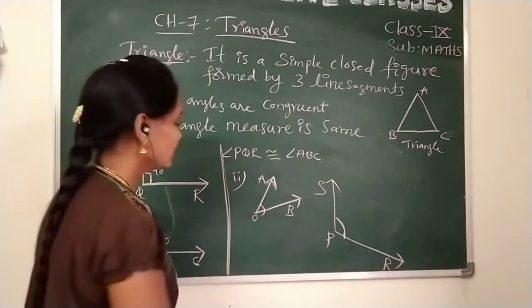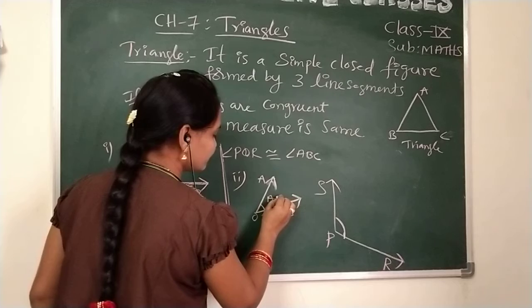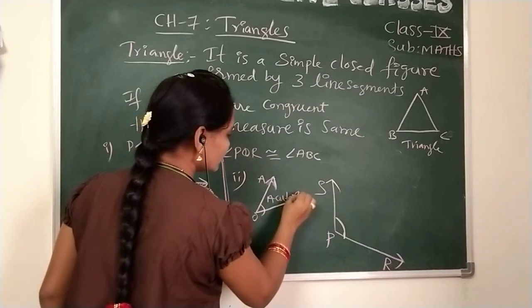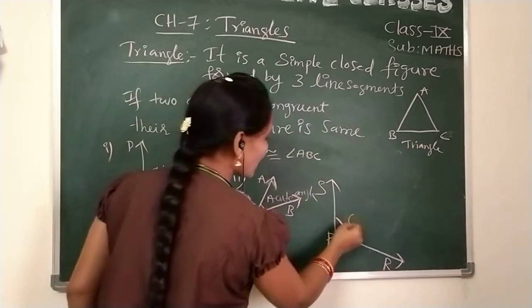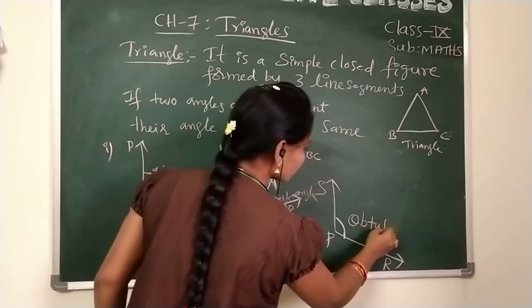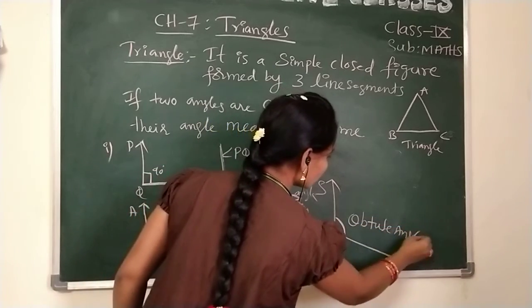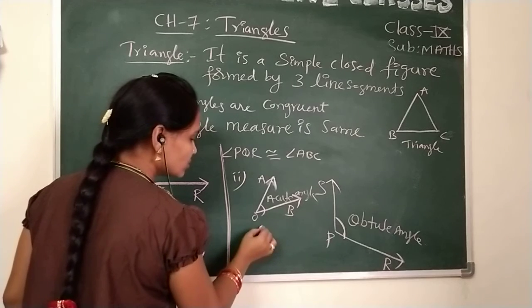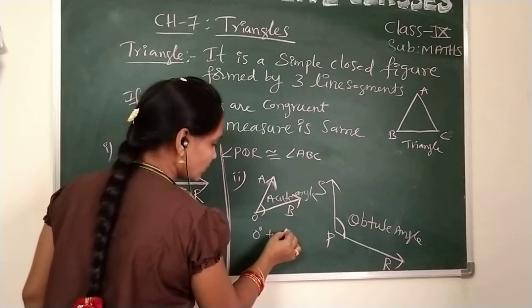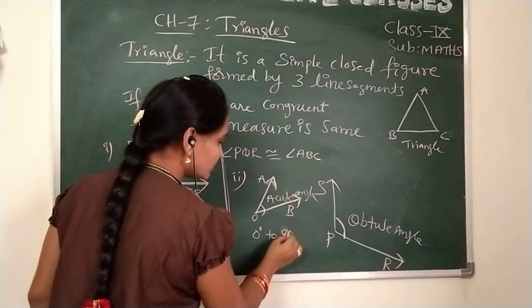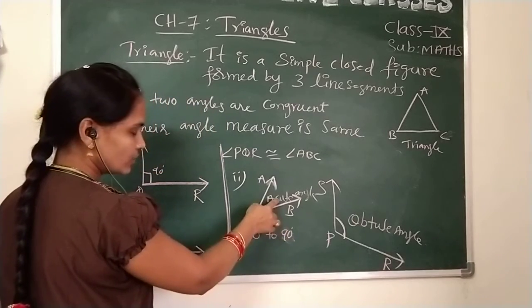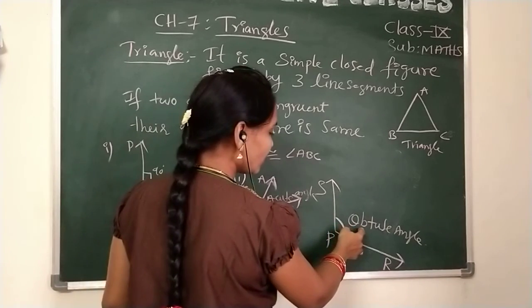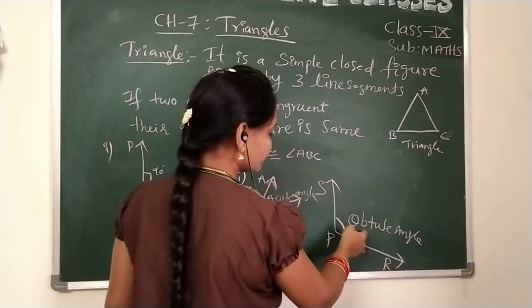Why? Because this is an acute angle and this is an obtuse angle, not equal. Acute means in the range between 0 and 90 degrees.